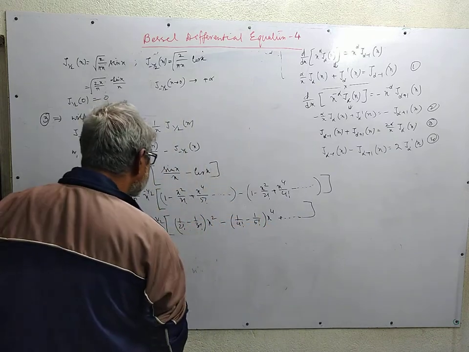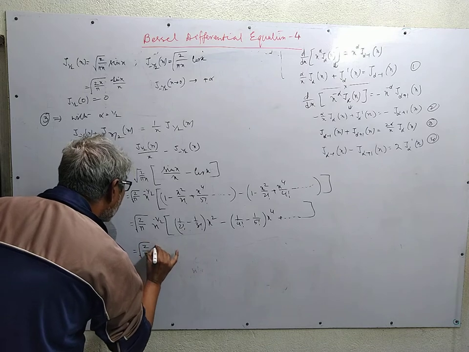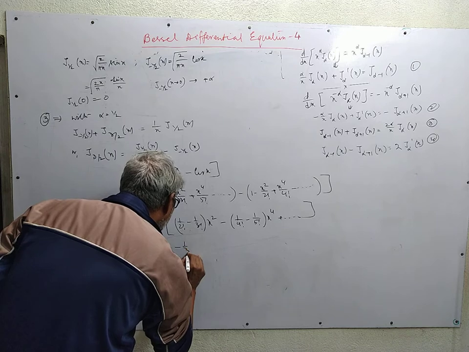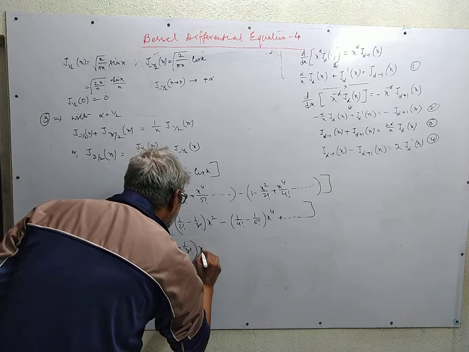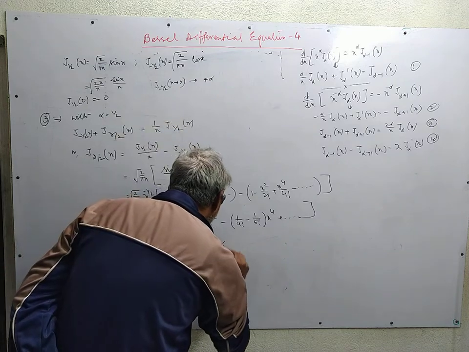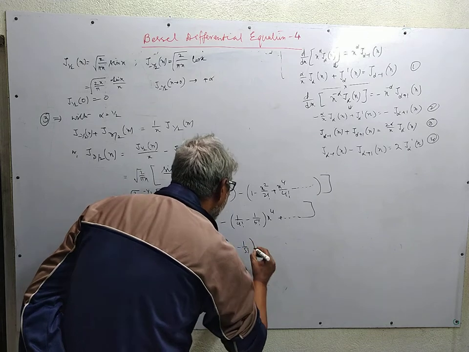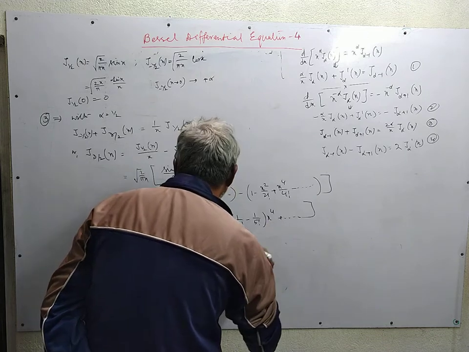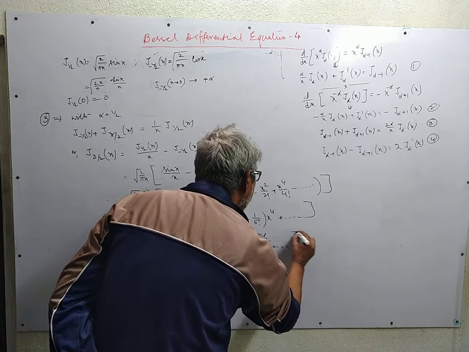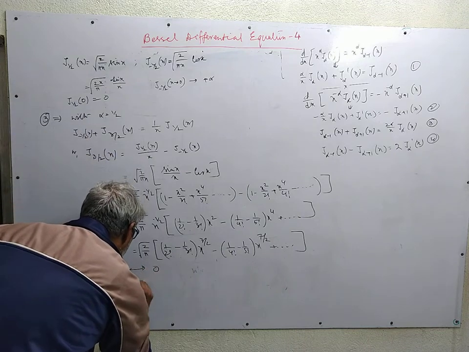So when we adjust this, we get 2 upon pi to the power half times 1 upon 2 factorial minus 1 upon 3 factorial times x to the power 3 by 2, minus 1 upon 4 factorial minus 1 upon 5 factorial times x to the power 7 by 2, plus higher order terms, and as x tends to 0, this goes to 0.